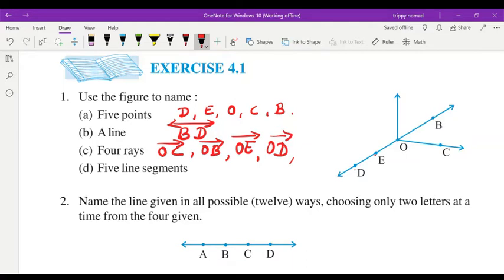You can see here: first DE, this one. This is the symbol I taught you. Then EO, then OB, OC. Put the symbol to represent it.